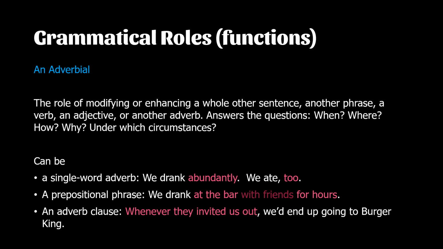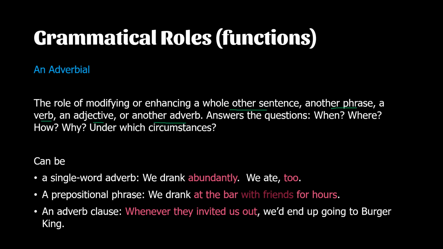The grammatical role of adverbial means that, again, it's going to act like an adverb. So an adverbial can enhance a whole other sentence. It can enhance or describe another phrase, a verb, an adjective, or another adverb.